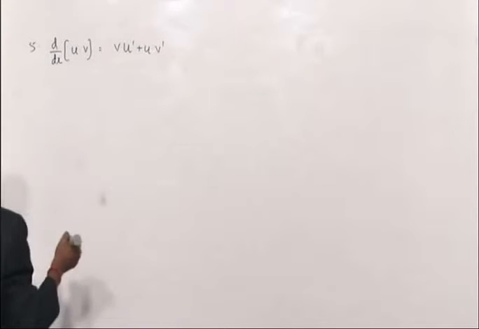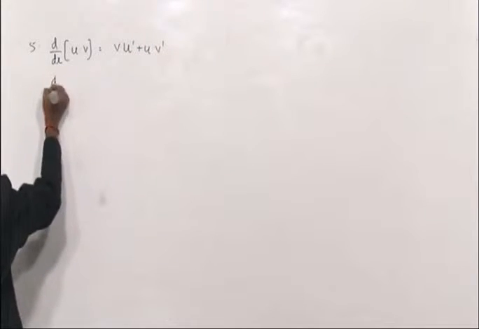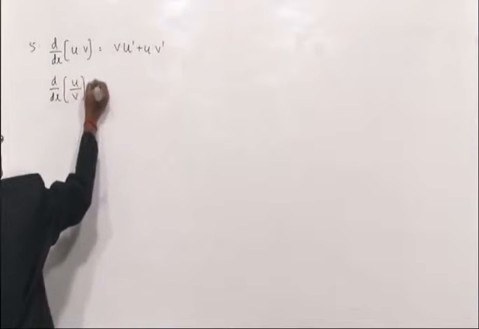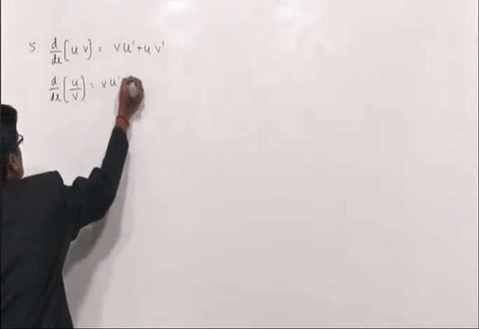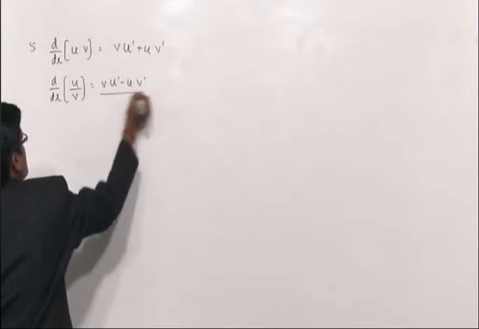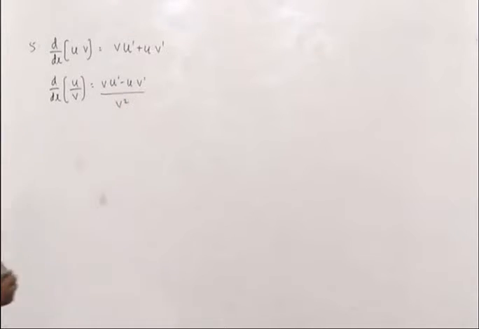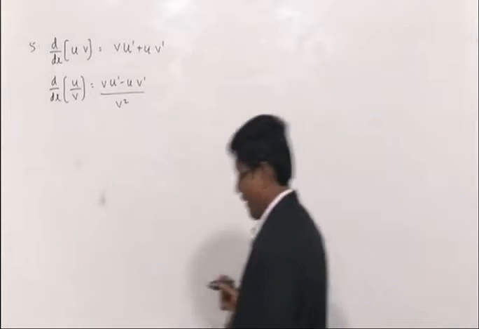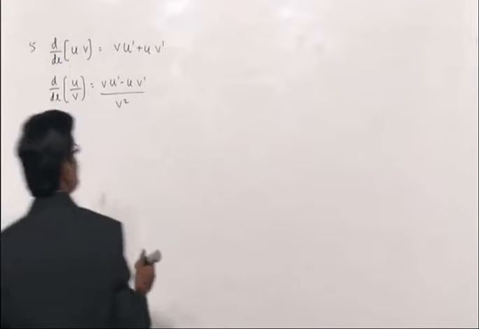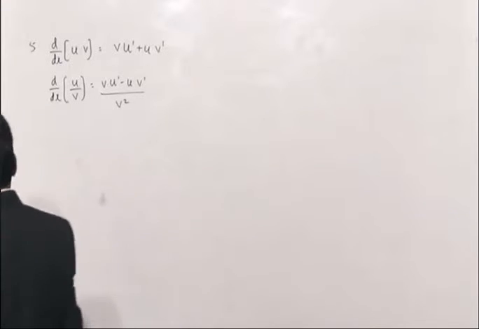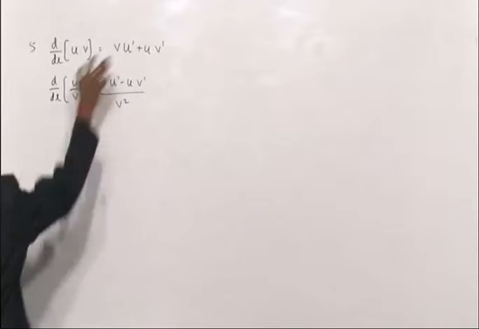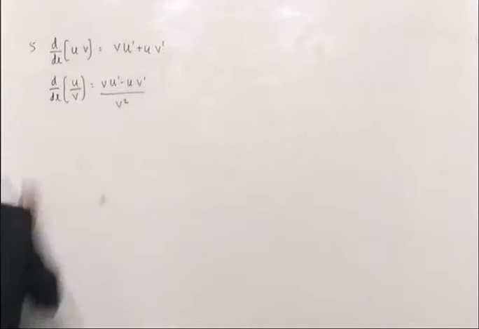Each dash or prime stands for derivative with respect to x. d by dx of the quotient rule, u upon v or u by v, is v into u dash minus u into v dash by v square, where denominator not equal to 0. Basic differentiation procedures.